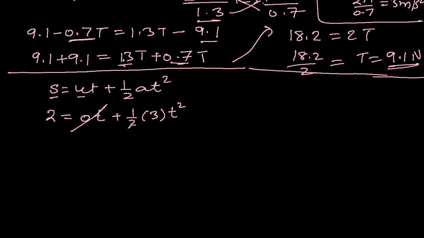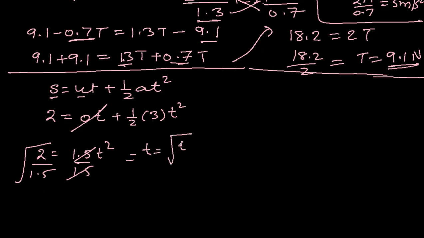This is 0, so 2 equals 1.5 t square. Divide by 1.5, and then square root both sides. So time t will be the square root of 2 over 1.5, which is 1.15 seconds.